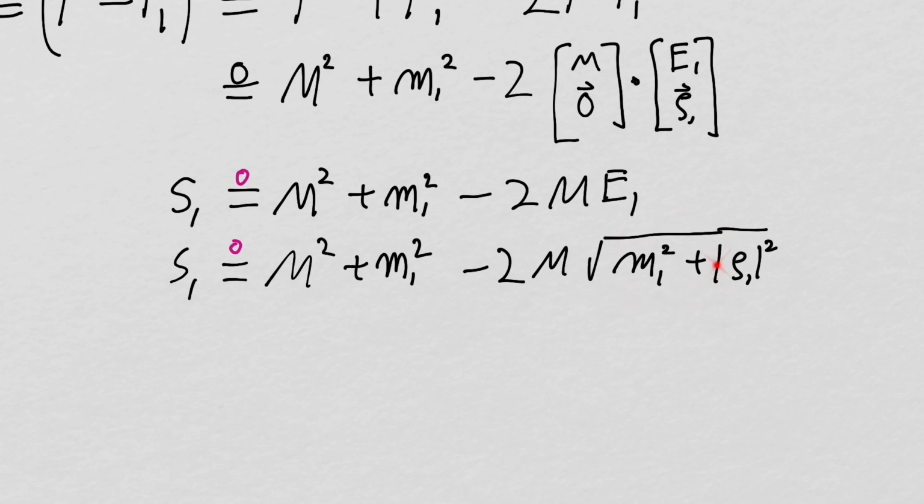So if I look at this, I can say something. If E1 equals the square root of m1 squared plus some magnitude of a momentum squared, I know that m1 can never change. This could be anything, well, anything 0 or greater.